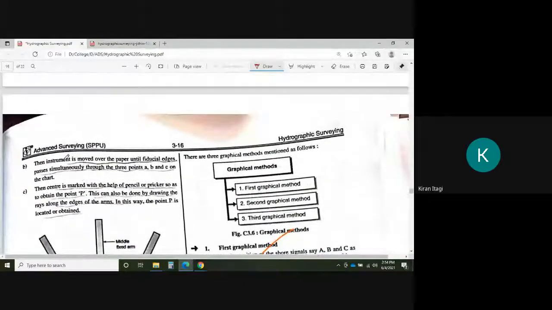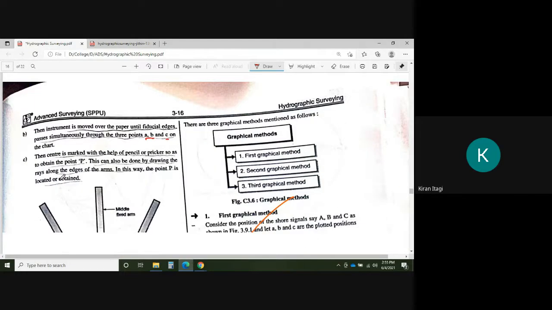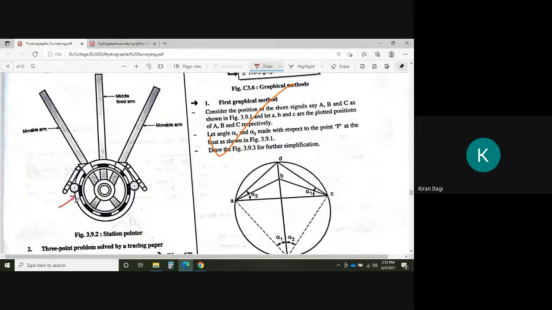The instrument is moved over the paper until the fiducial edge passes simultaneously through the 3 points A, B, C on the chart. Means what you should do, first you have to set the angles here. By setting the angles, the three arms will be fixed, there will be no movement.